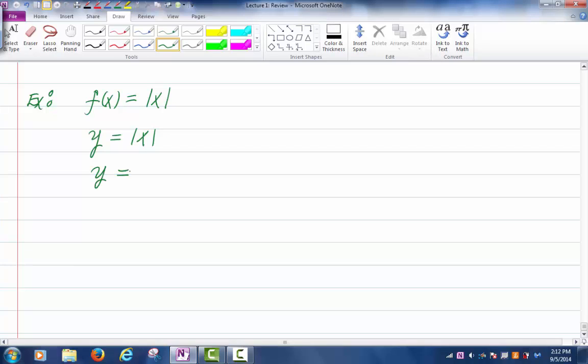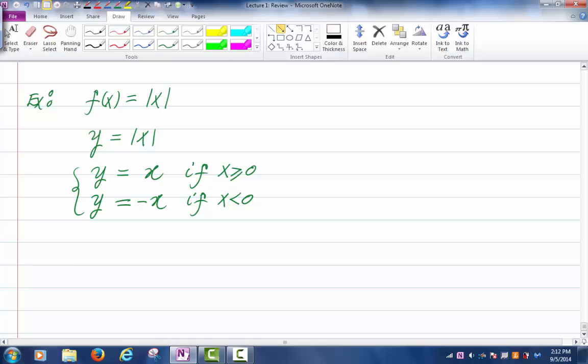So y is basically the same as x as long as what? x is non-negative, right? Because if x is non-negative, absolute value of x is x. But if x is negative, then what is absolute value of x? Negative x, right? If x is already negative, how do you make it positive? You multiply by a negative sign, right? So you get negative x. Is that making sense?